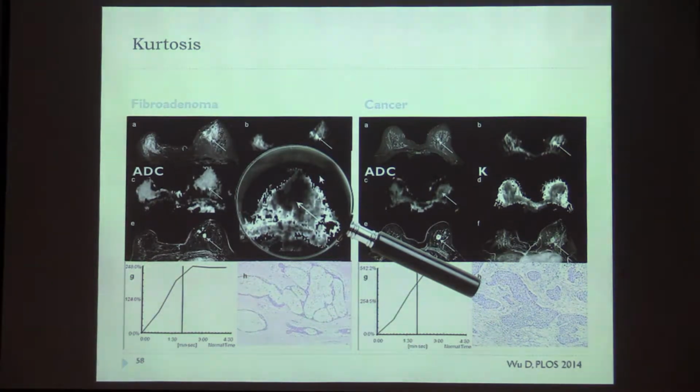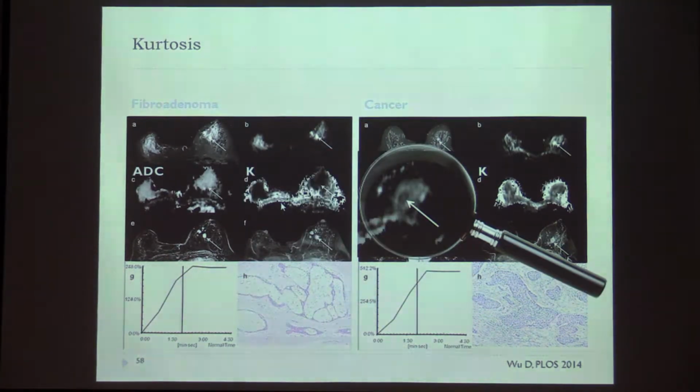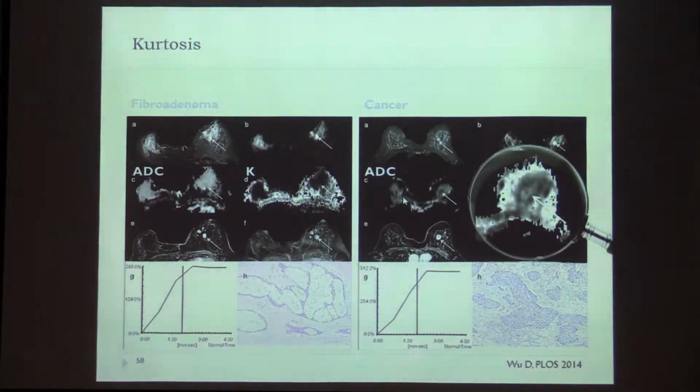It's almost homogeneous in this benign lesion, so the kurtosis is quite low, it's dark signal. Here, this is a cancer. The cancer is a small round lesion here, so there is a low ADC signal, that's normal. And here you have the kurtosis, and in the kurtosis, the signal is quite high because it's very heterogeneous within this tumor.